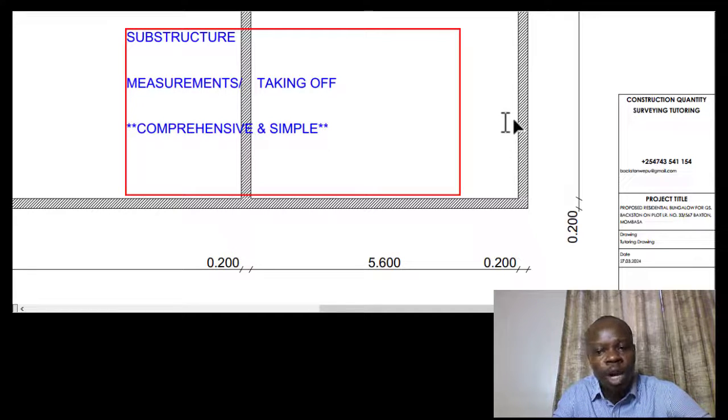For what we are going to do today, it's going to involve basically the substructures from a simple plan. Of course, I understand from the request of one of my viewers that we need to go through a simple step of building a bills of quantities from scratch.